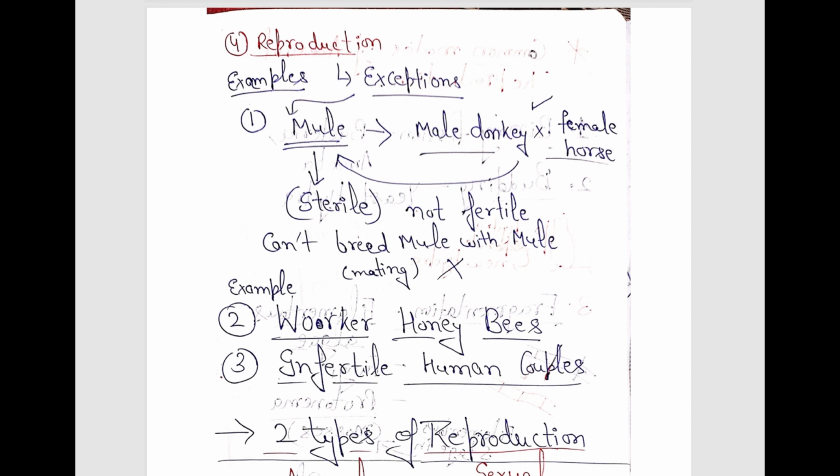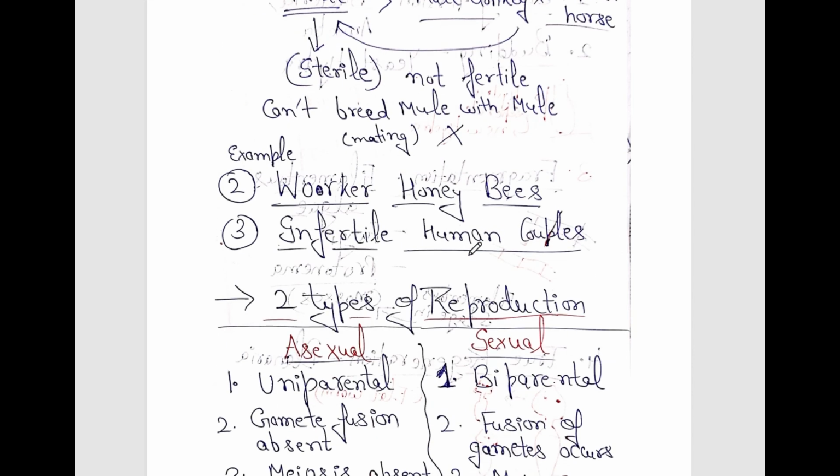We also know that mules are known for strength and endurance traits inherited from both parent species. They are often used as working animals, especially in regions where the terrain is difficult for vehicles to navigate. Other examples: worker honeybees and infertile human couples.